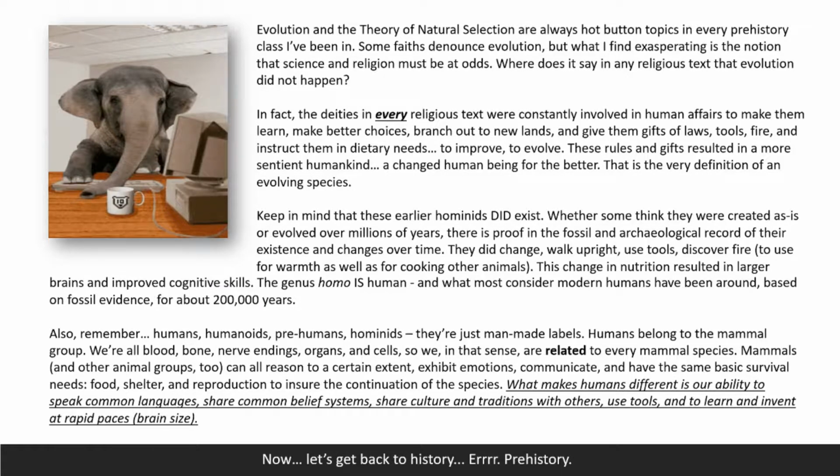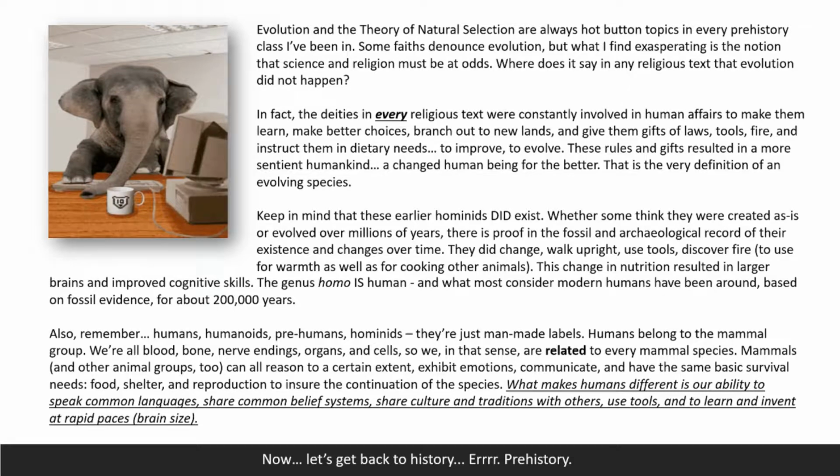They did walk upright, use tools, discover fire for warmth as well as cooking other animals. And just a side note, this change in nutrition resulted in a larger brain and improved cognitive skills. The genus Homo is human, and what most people consider modern humans have been around based on fossil evidence for about 200,000 years.